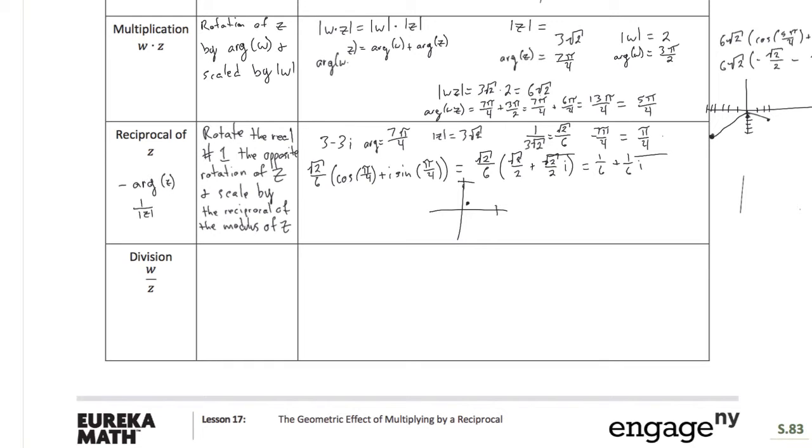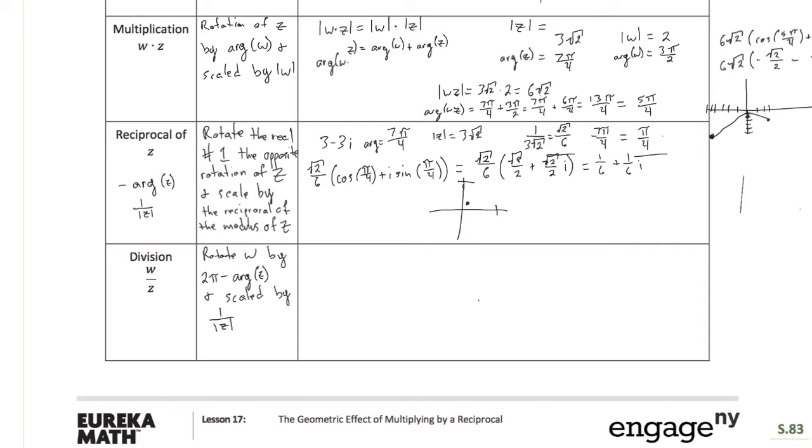It's going to rotate W by 2 pi minus arg Z, followed by a scaling, scaled by 1 over modulus Z. So it is just like this one right here, except we're just affecting it by some complex number W.